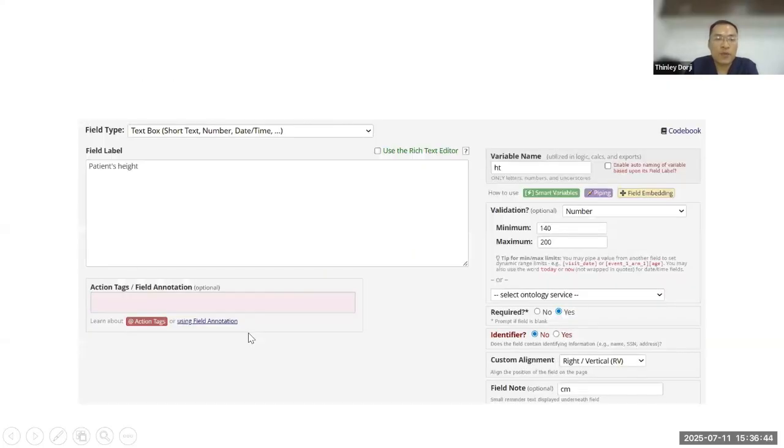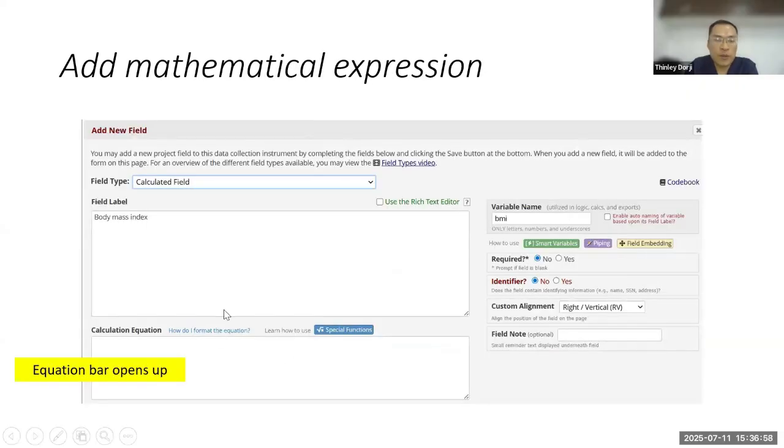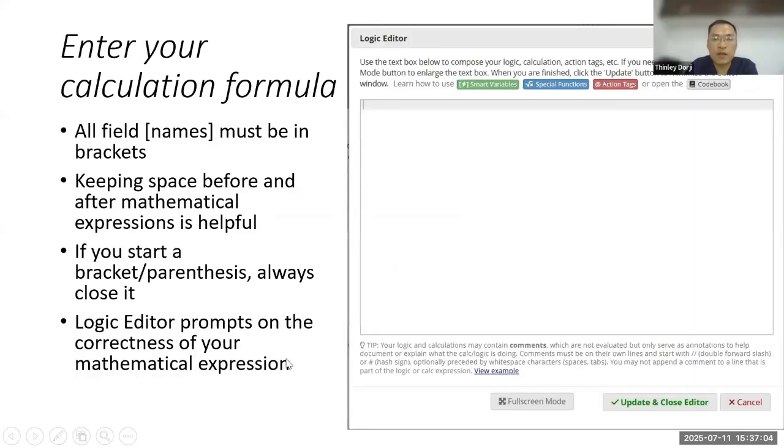When you make the BMI, from the type of field you select calculated field, and an equation bar will open up at the bottom. When you click on it, you will have the logic editor bar.